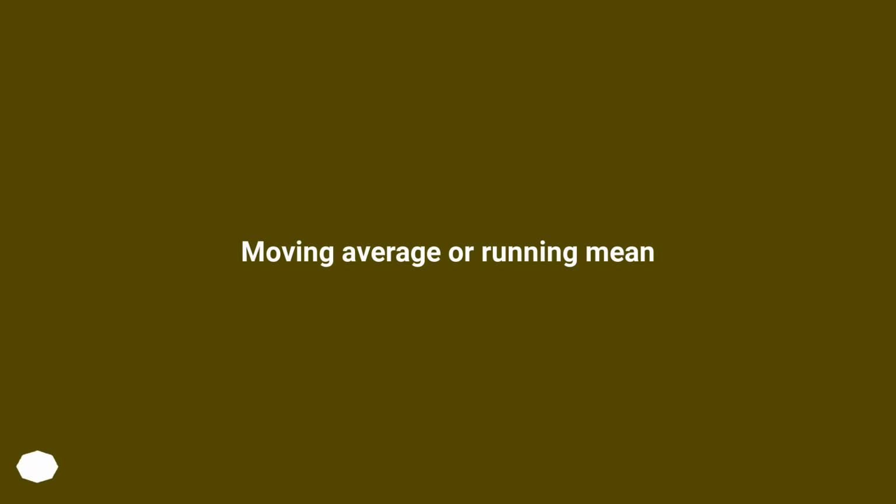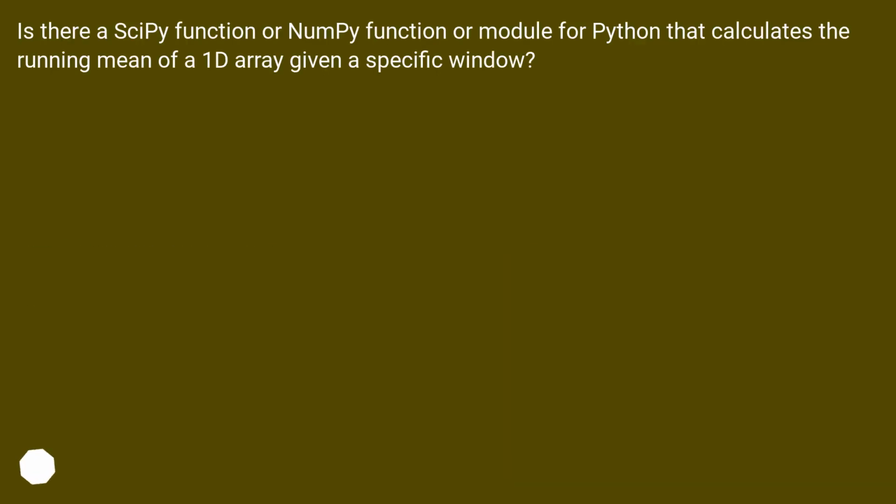Moving average or running mean. Is there a SciPy function or NumPy function or module for Python that calculates the running mean of a 1D array given a specific window?